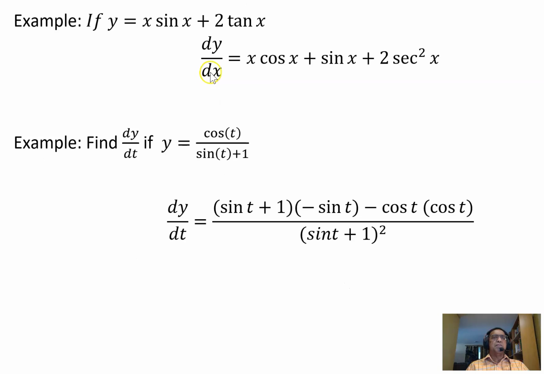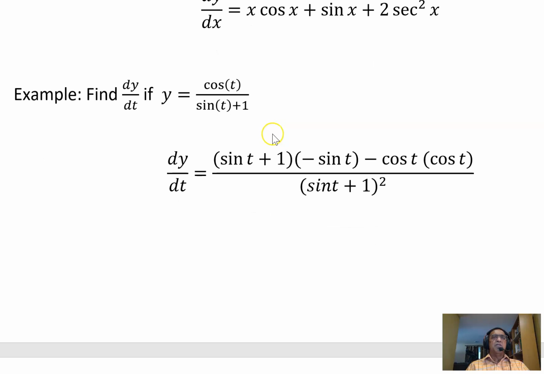Now we have y equals cosine t over sine t plus 1, which is a quotient. To find the derivative, you do low d high, sine t plus 1 times the derivative of high, which is negative sine t, minus high, cosine t, times the derivative of sine t plus 1, which is cosine t, all over low squared, which is sine t plus 1 squared.